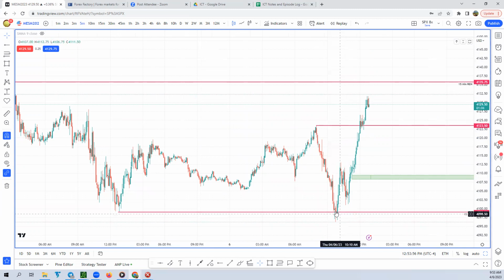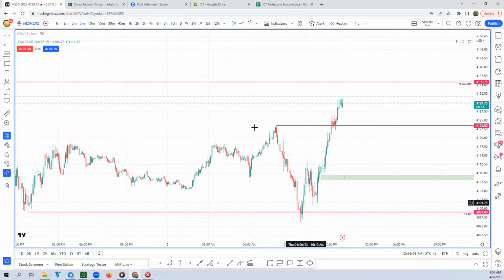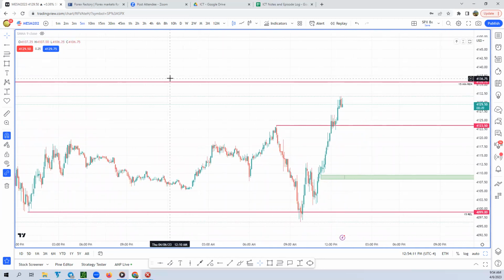I believe this price action right here was targeting this sell side liquidity. Once it targets the sell side liquidity, then you look for a reversal or a shift in market structure and a fair value gap, and then you take the trade from the fair value gap. That's from the 1 minute.